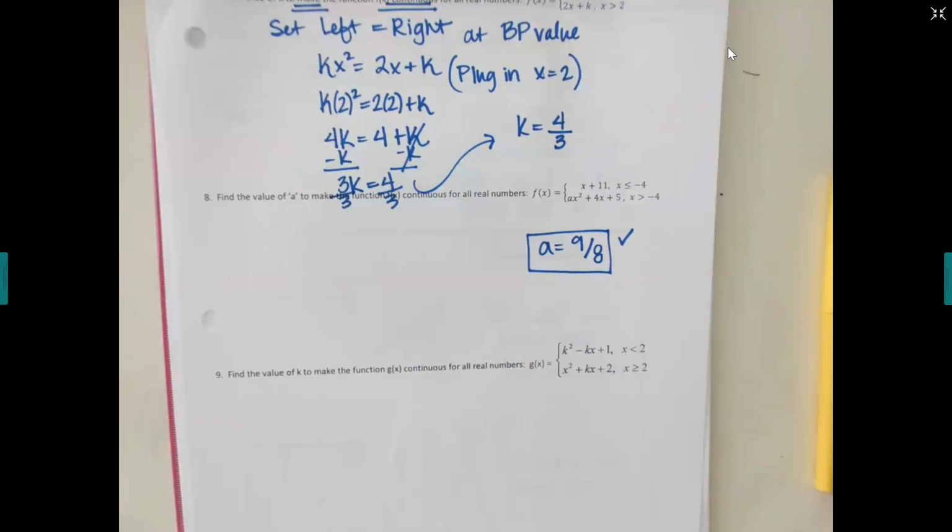All right, so from here, negative 4 times negative 4 is a positive 16, and then instead of writing A times 16, I want you to just say 16A, because that's the thing.